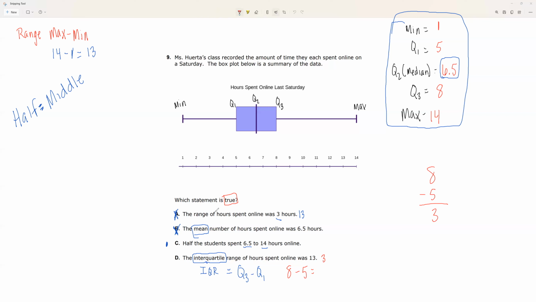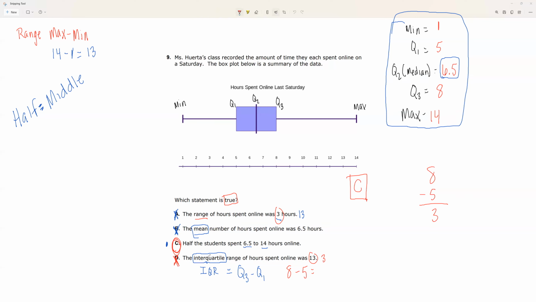So if I look at this, they try to trick us here. They put 3 as my range when 3 should have been my IQR. They put 13 as my IQR when 13 was actually over here as my range. So no, that cannot be it. And the only one that made sense was C. Okay. Pay attention to those words, because this was a trick one.